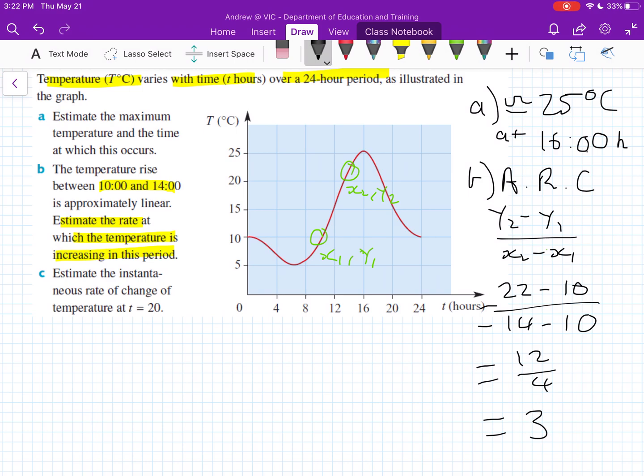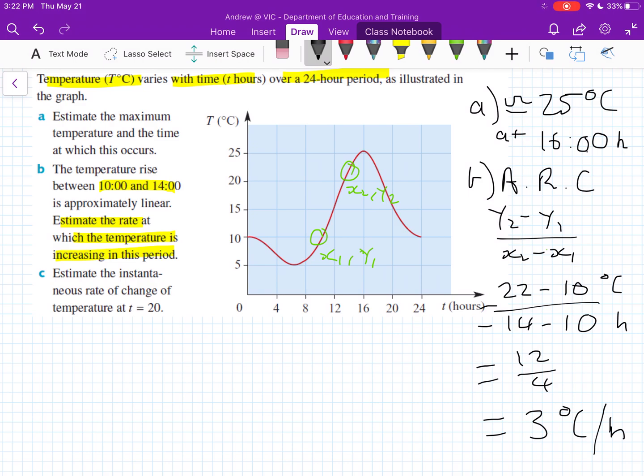And just remember, our y value, because it's our change in y, is degrees Celsius. Our x value is t, or hours, I should probably put. So that means our unit is going to be 3 degrees Celsius per hour. Okay, with rates, always have your units.